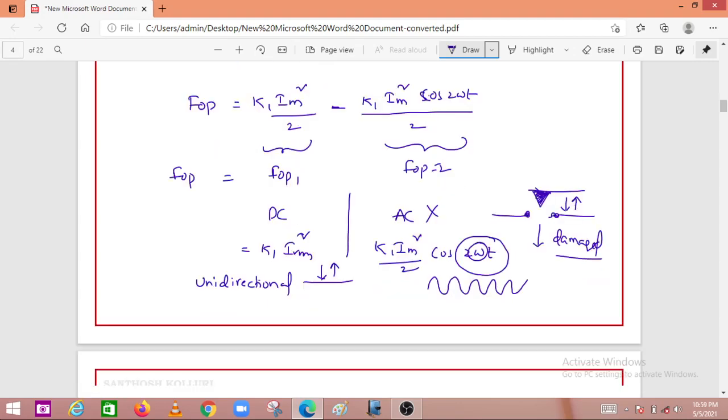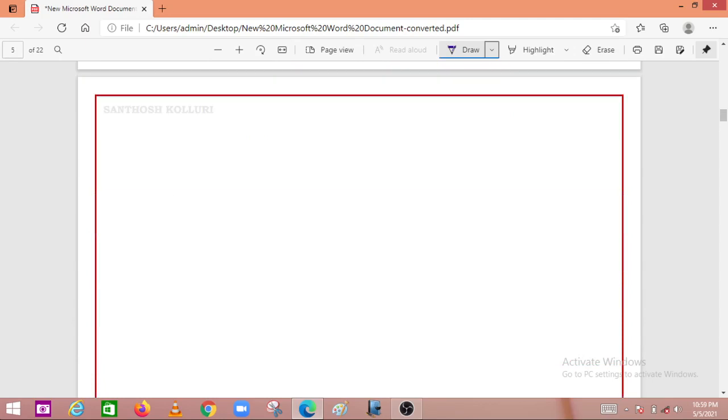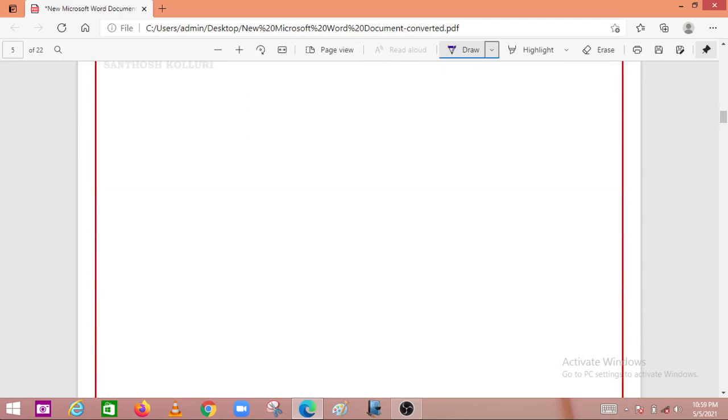So the conclusions of this electromagnetic relay application: this electromagnetic attraction principle is applicable for both AC as well as DC system protection, but more particularly it is used for DC application, not AC application.